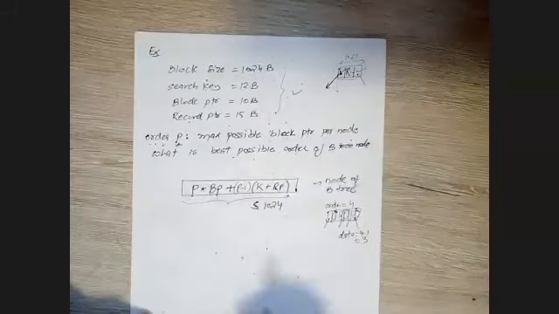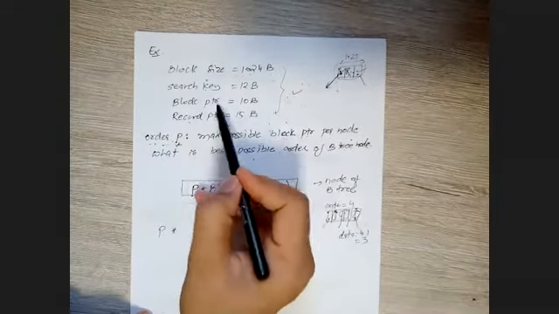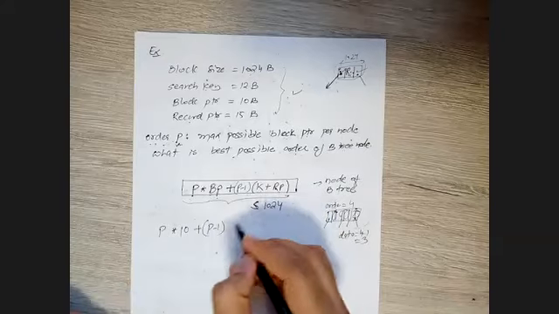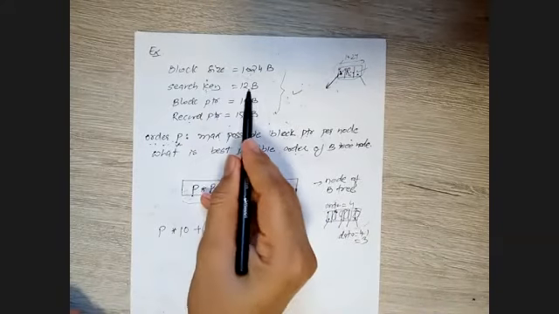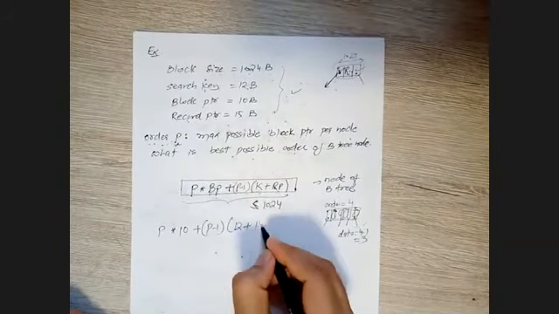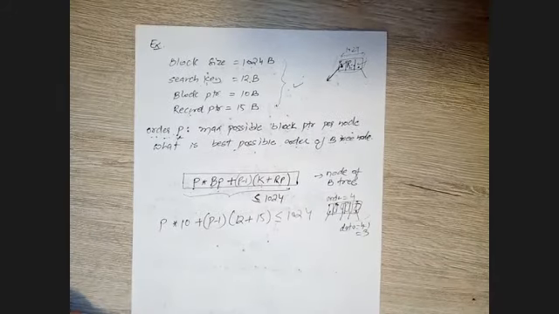So let's put the values we are given. The P value we don't know, times block pointer, which is 10, plus P minus 1 times key value. Search key is 12, plus record pointer, which is 15. This value should be less than or equal to 1024, and this becomes a simple inequality.